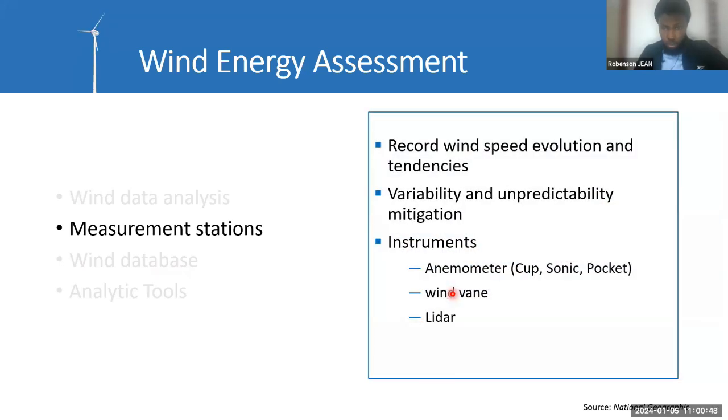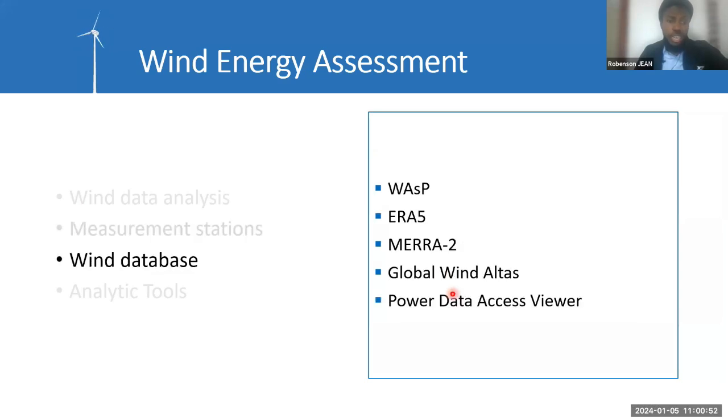But what happens if you do not have a measurement station and you want to make a wind energy assessment? There are available wind databases. They are free. Once you have your location, your site, you can go to the database in order to get some data sets, and the data sets can be available in CSV and Excel sheets.